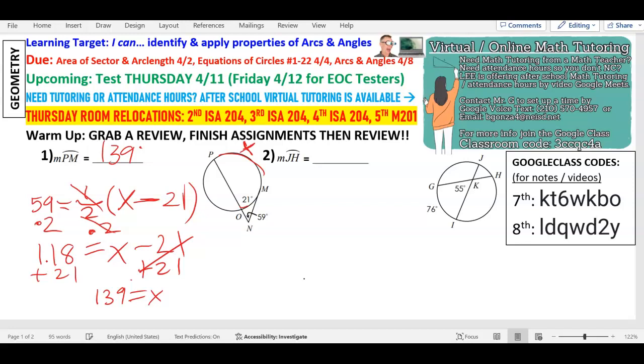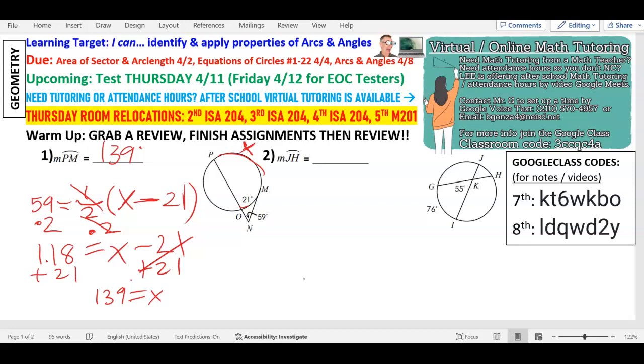So on your assignment, that is called arcs and angles from 4.8 that you were working on yesterday, which you can get out of this blue bin right here if you don't have it yet. This is how you do one when you're missing an arc. Normally you're missing the angle outside, but this is when you're missing an arc that it intercepts. Very important, okay?